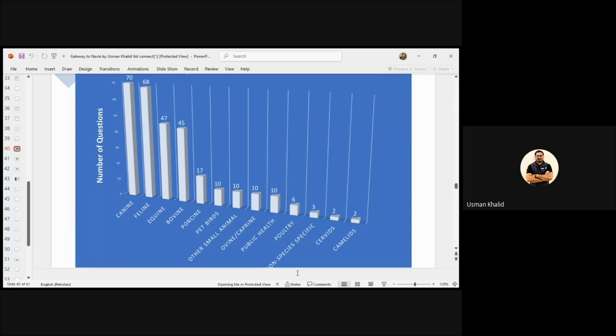Focus on the things that give you more score. Don't start from camel and poultry just to add numbers in your mind, like, hey, I did all these species and now I will start with canine and feline. This will not really work.